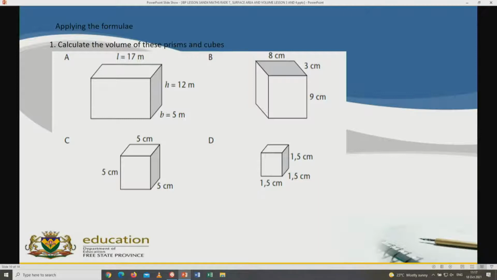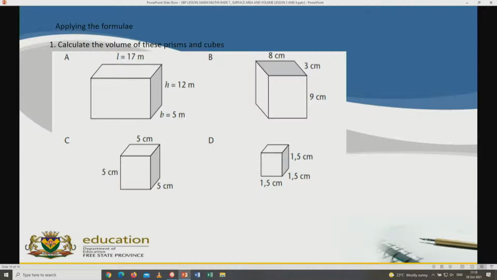The length is given as 17 meters, the height is 12 meters, and the breadth is 5 meters. Now, the instruction is calculate the volume of the rectangular prism with the dimensions 17, 5, and 12. The height is 12.